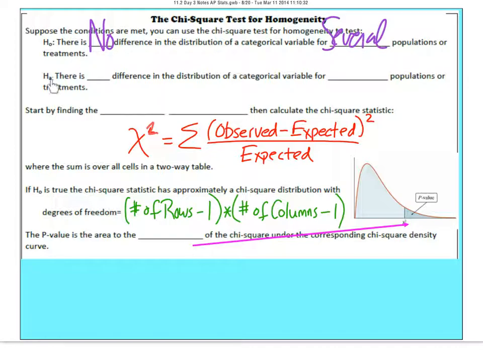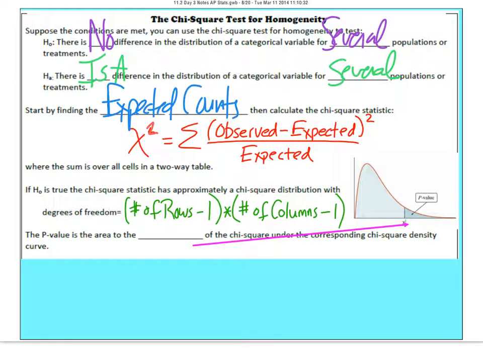So therefore, H sub A, you would just say there is a difference in the distribution of a categorical variable for several populations or treatments. It's basically just the complement of the H sub O. To get started, the first thing you're going to do is actually find your expected counts.